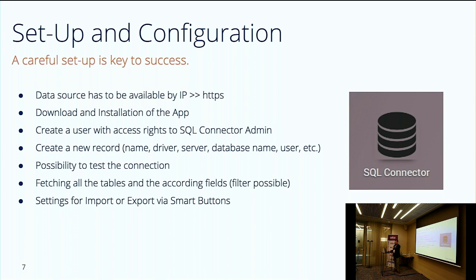It's also possible to set a filter in order to just fetch a selection of the tables and not import all the tables. The next step is the definition of the import, also the definition of the models which are going to be imported and the fields. I will explain that later in detail.